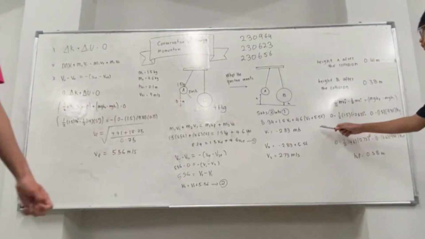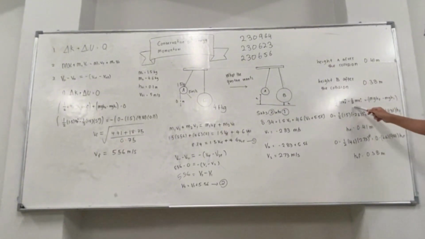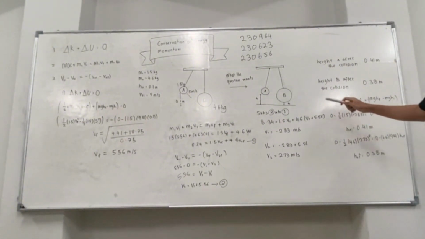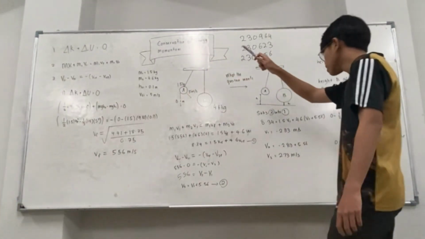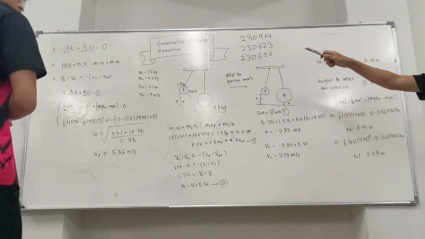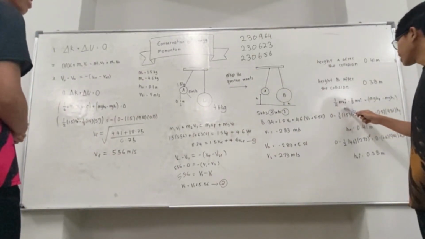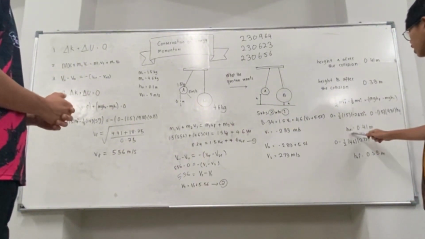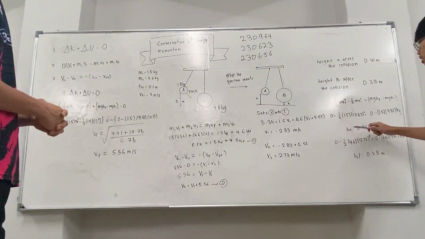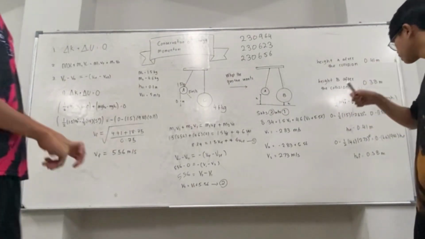After all the information that we get, we can plug it all into the first equation that we have here. So we plug in all the information and we get the height of the first ball.